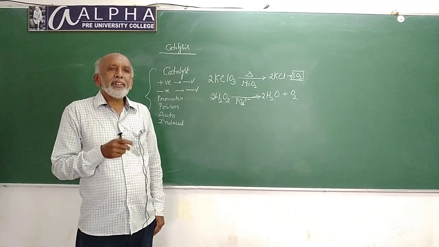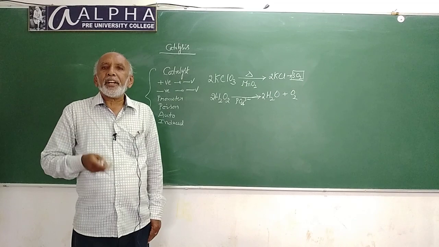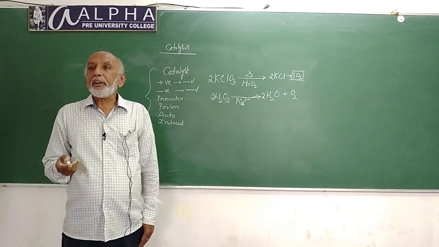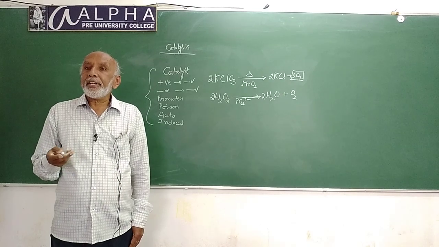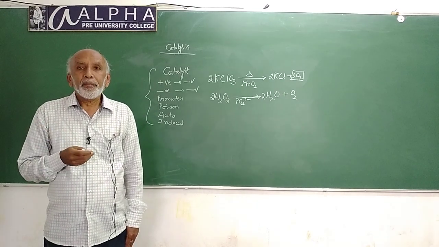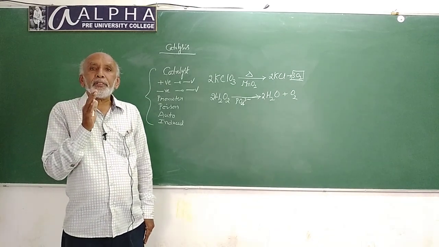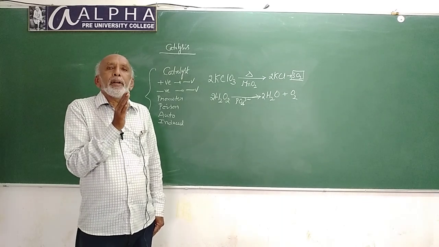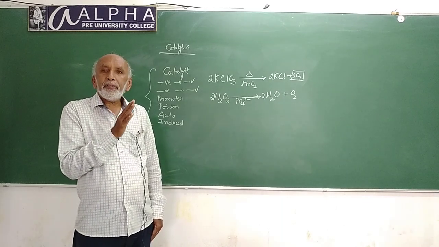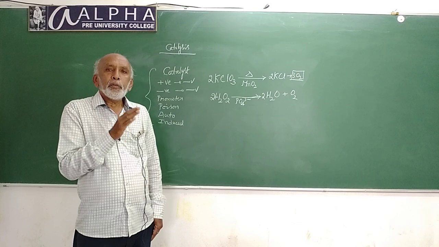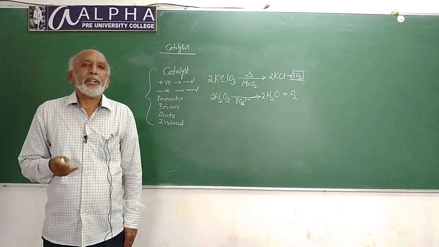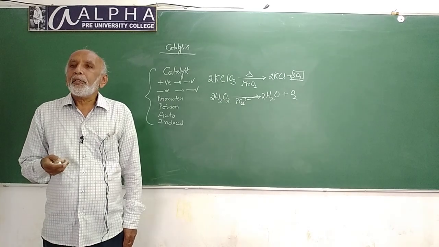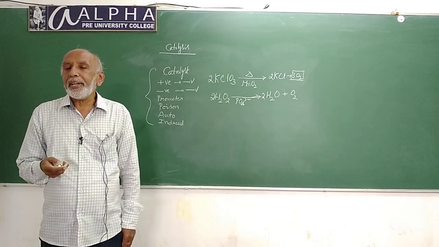As a result, the rate of catalytic reaction increases considerably. So, the substances which increase the activity of the catalyst, which in turn increases the rate of reaction, are known as promoters, catalytic promoters.